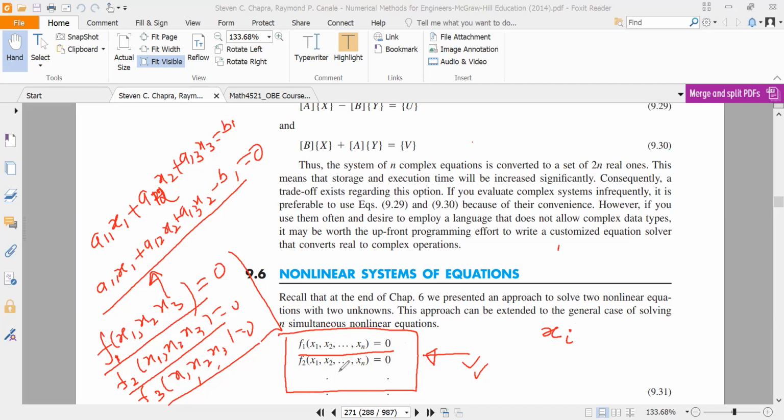Say we have a variable, for example, x1 with ith iterative value. Similarly, x2 with ith iterative value. In the same way, you can go to n variables, xn with ith iterative value.